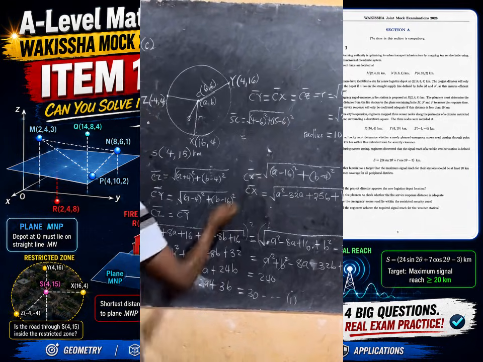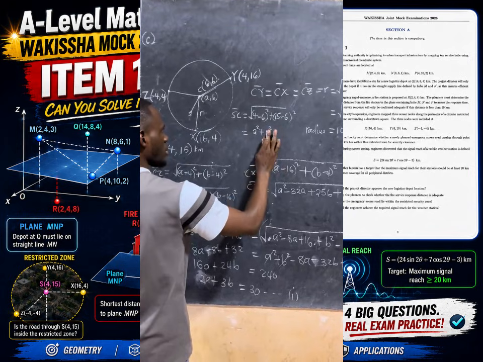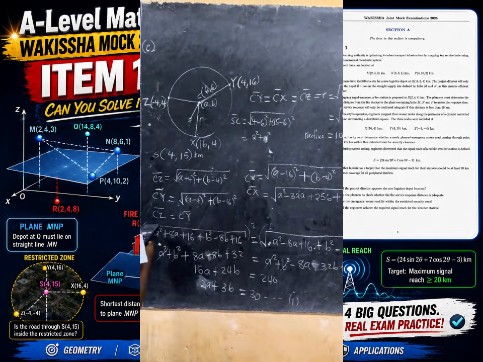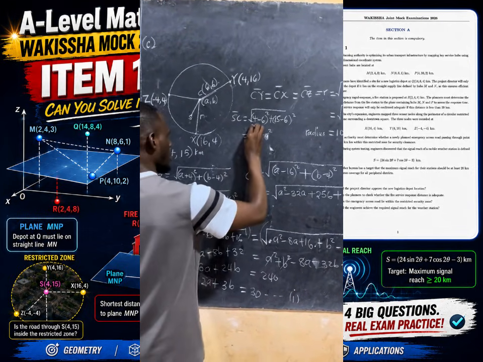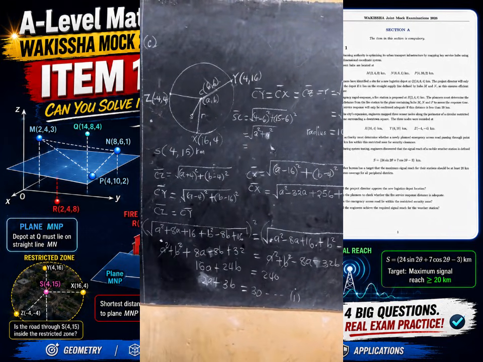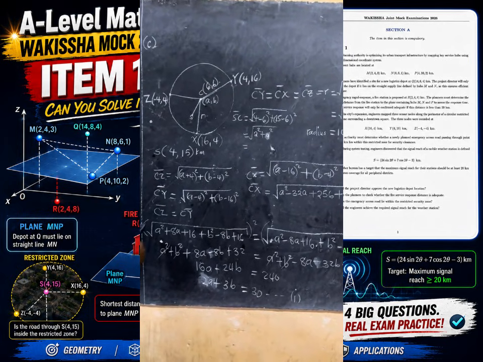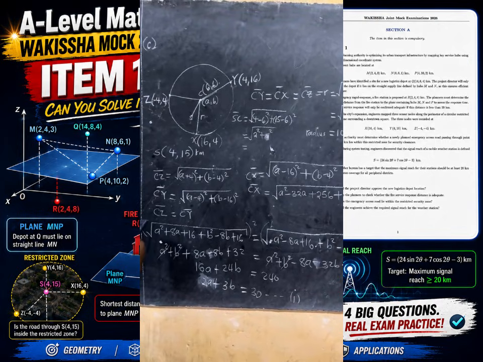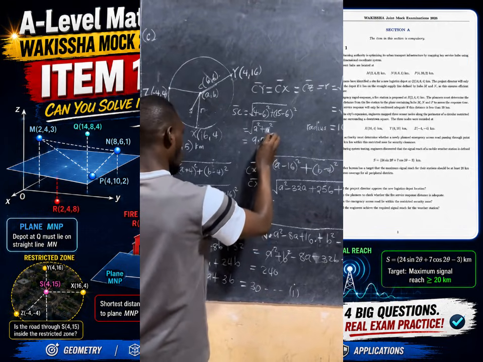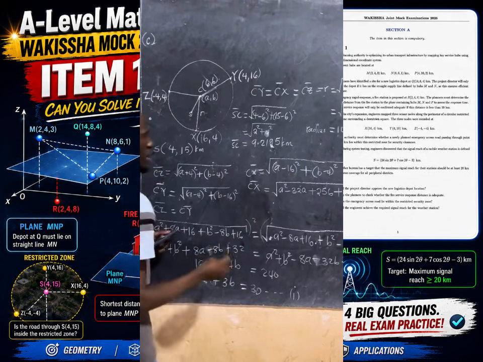When I compute, I have 2 squared plus 9 squared, so this is going to be root of 85, which is approximately 9.2195 kilometers. That is the distance SC.